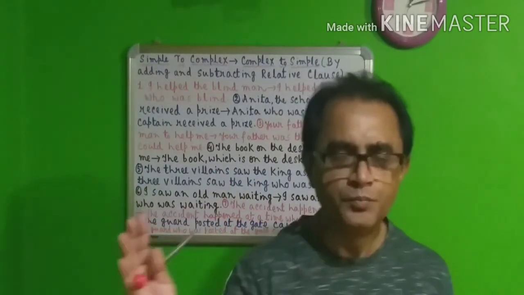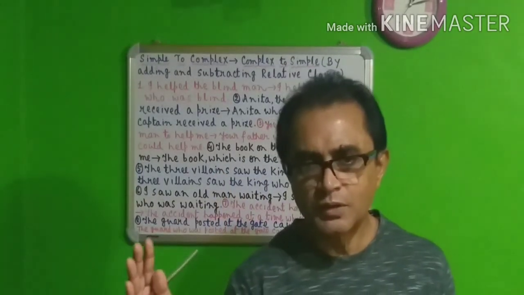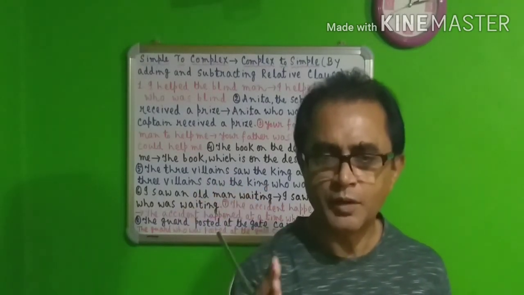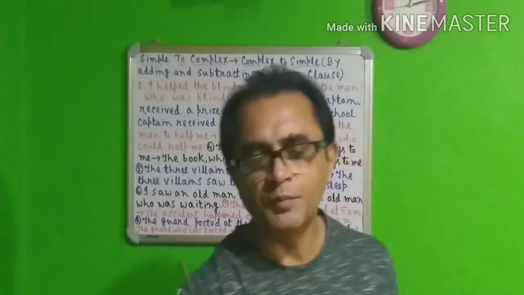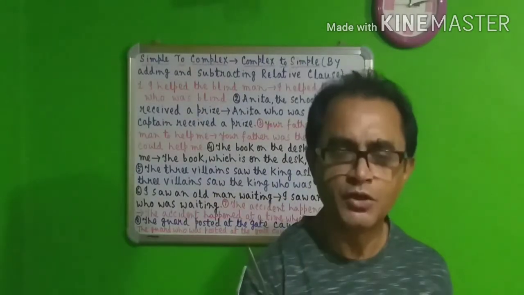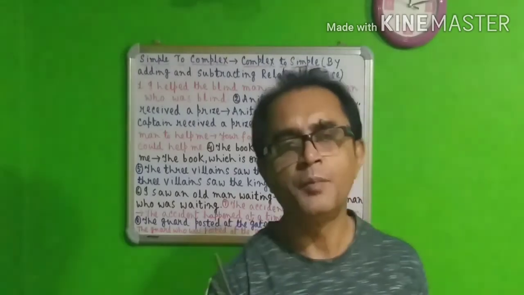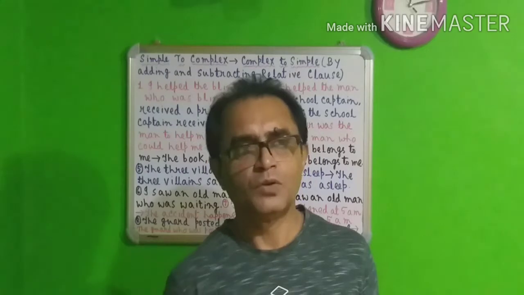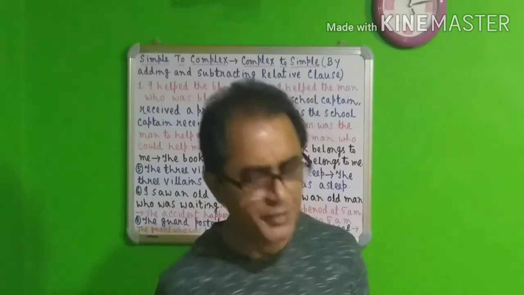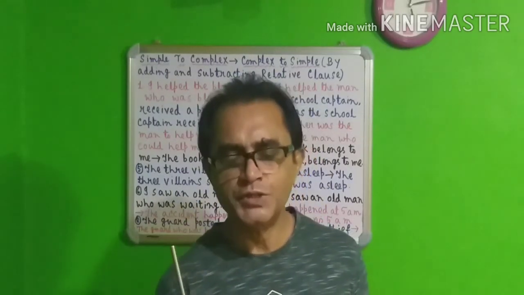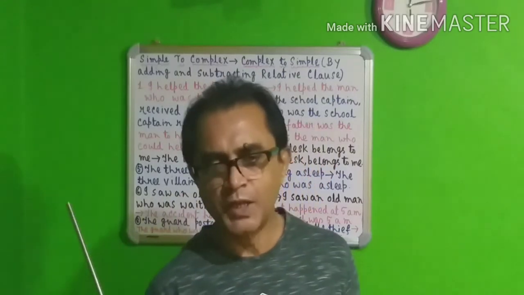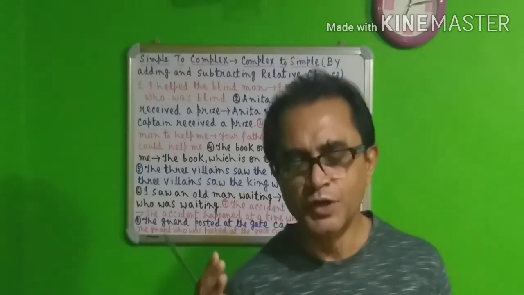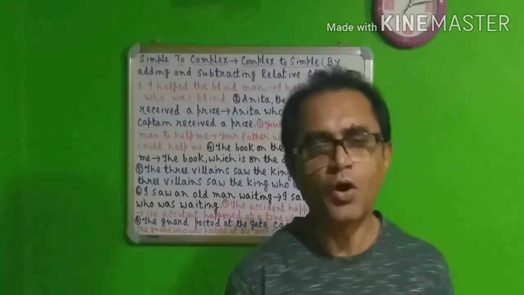And if you can remove the relative clause, not abruptly, in a perfect way, again without harming the meaning of the sentence, it will become a simple sentence again. So today we have explained how to change a simple sentence into complex, and a complex sentence back to simple, with the help of the relative clause by adding or removing it.